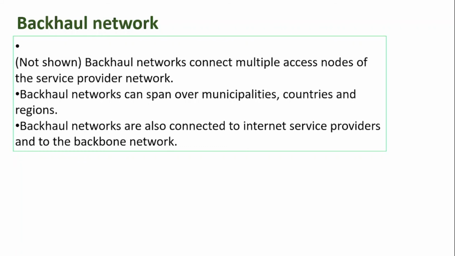The backhaul networks are also connected to the internet service provider and to the backbone network. The backbone network is the main connection from service provider to customer. We can also refer to that as the backbone network, because the backhaul is also connected to the internet service provider.